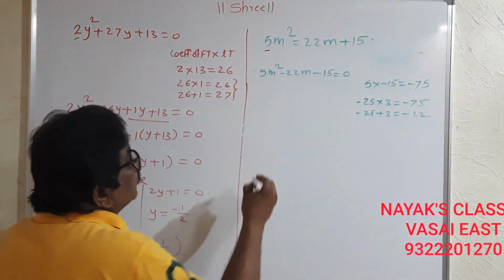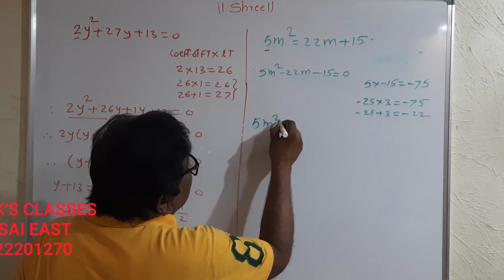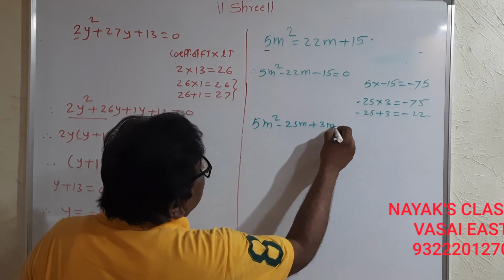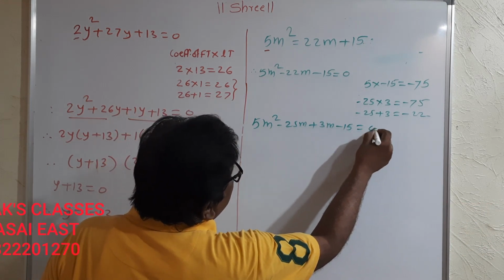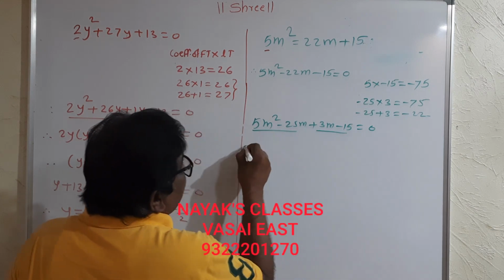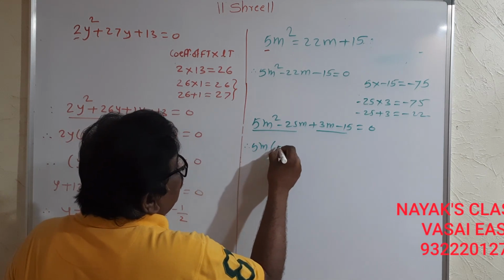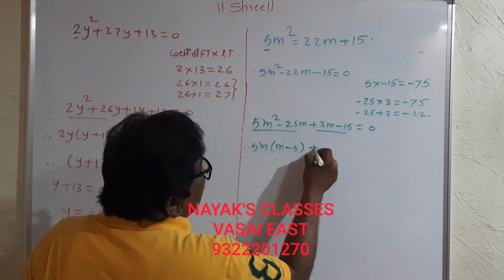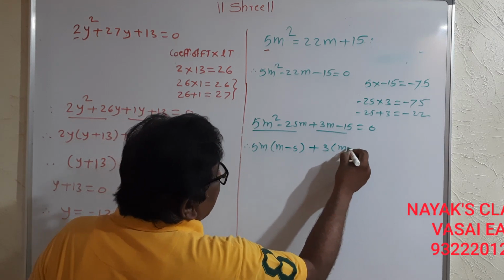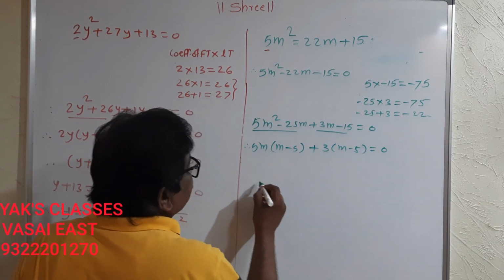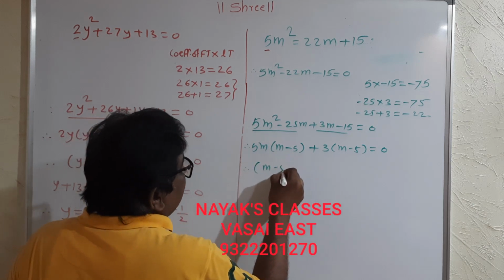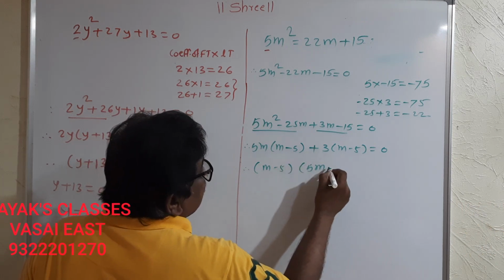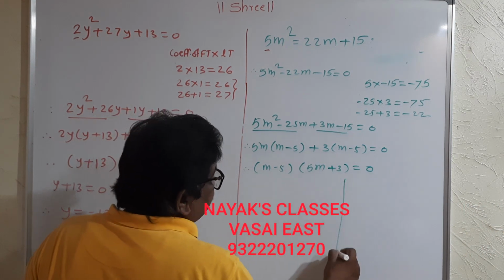Using these numbers, 5m square minus 25m plus 3m minus 15 is equal to 0. So taking out the common, 5m into bracket m minus 5 plus 3 into bracket m minus 5 is equal to 0. Therefore, m minus 5 and remaining is 5m plus 3 is equal to 0.